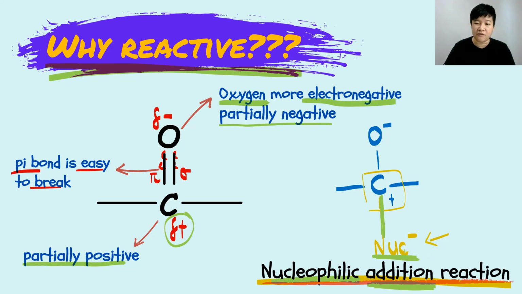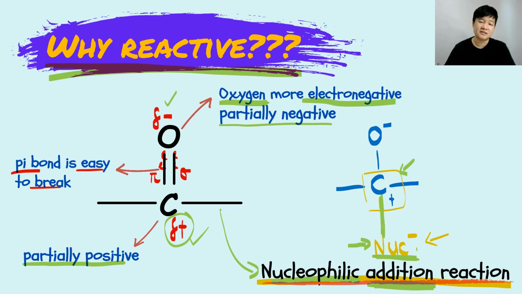So your nucleophile gives the name, and it becomes nucleophilic addition. So bear that in mind, your carbonyl compound can undergo nucleophilic addition due to the presence of partially negative and partially positive ends of the C double bond O. Simple. Always remember one thing in chemistry. When you have a partially positive end, you must have someone partially negative. When you have a partially positive end, you must always be attacked by a negative species.